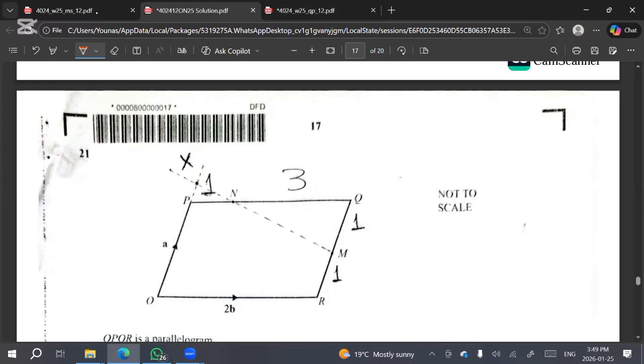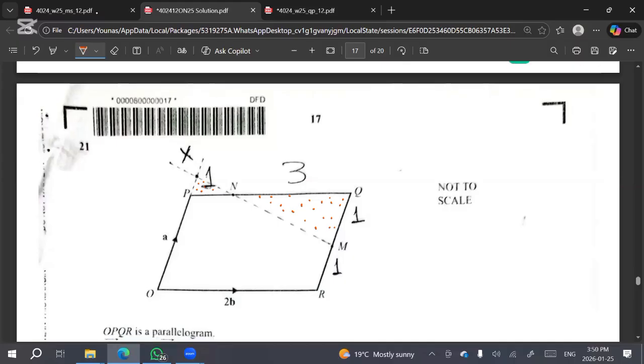So you see this triangle and this triangle, they are similar to each other. If this MN is 1, NQ is 3. So the same ratio will be between the PX and the MQ. Try to understand, this is similarity of the triangles.